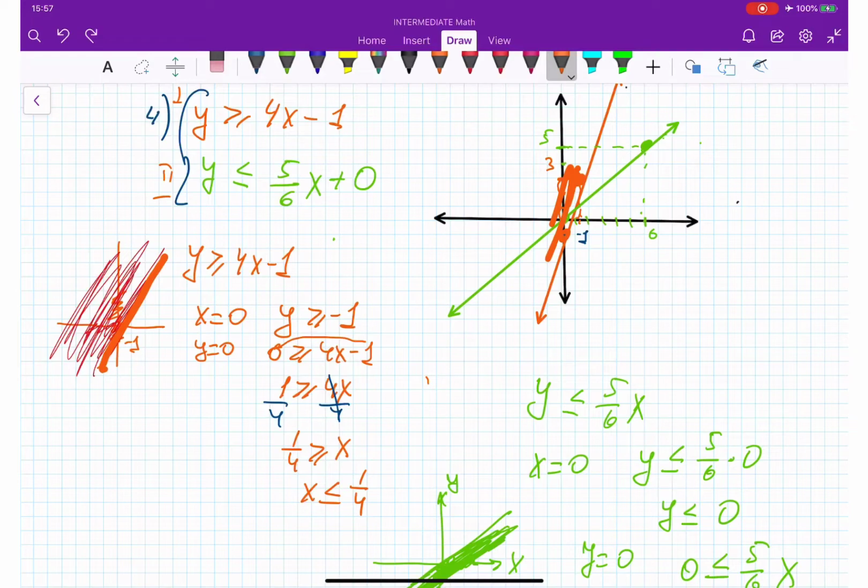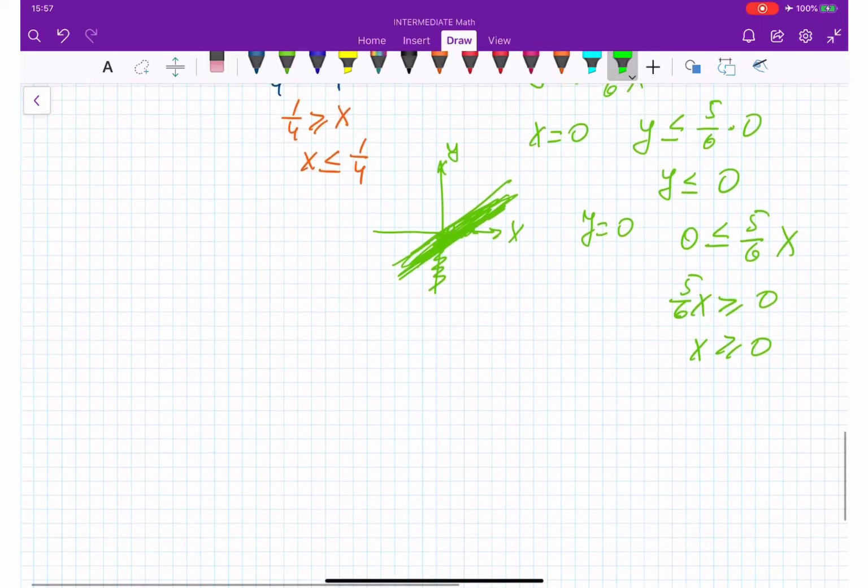So where is it going to be overlapping? It's going to overlap right here in the middle between these two. Okay? It's going to overlap between these two. All right, and so this is going to be the solution.